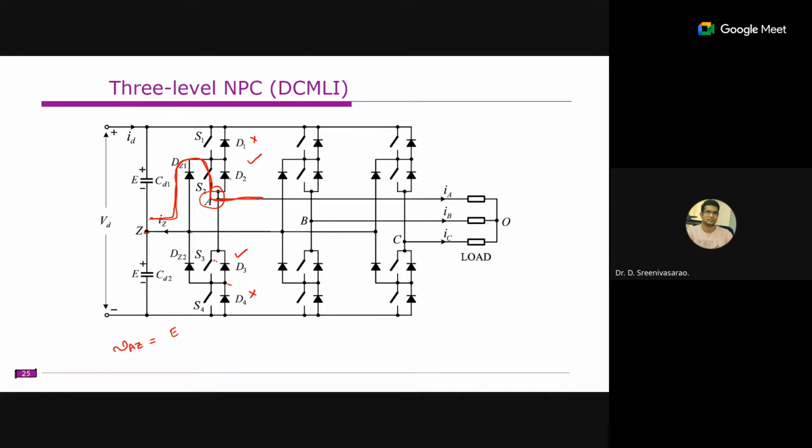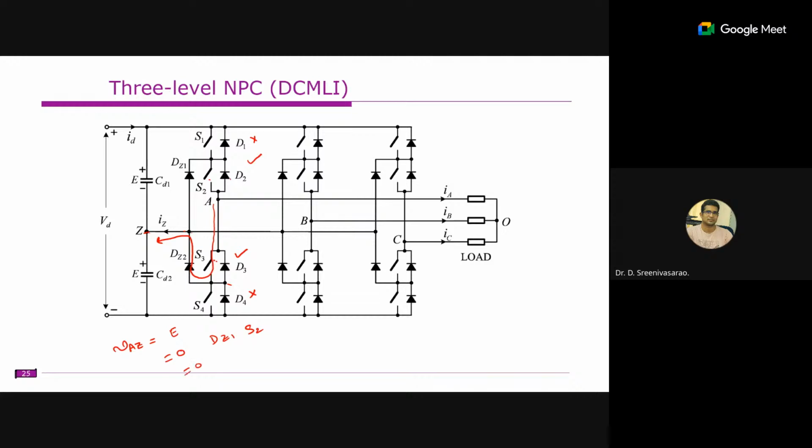So that means between A and Z you are getting zero voltage, but DZ1 and S2 are conducting here. Whereas if the current is flowing the other way, the current flows through switch S3 and this diode.